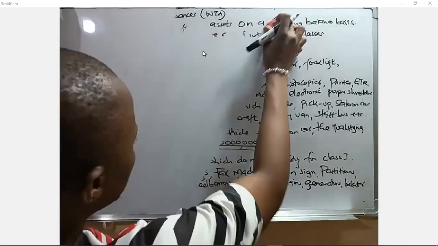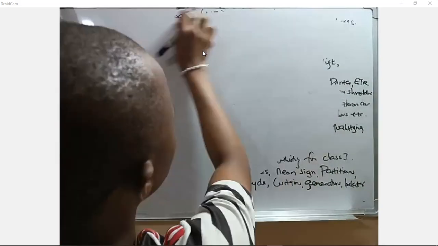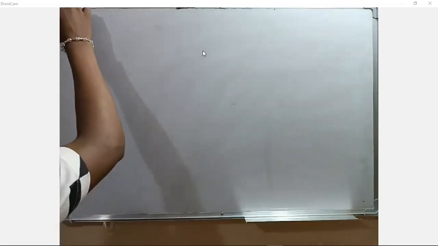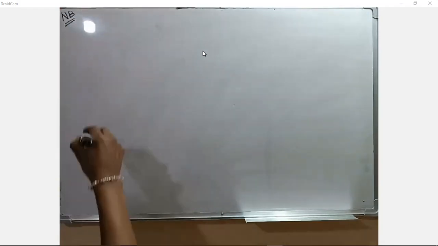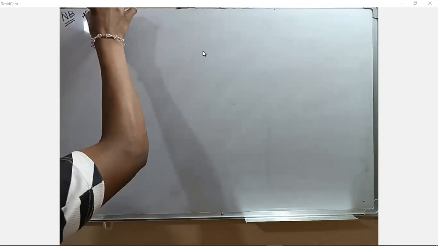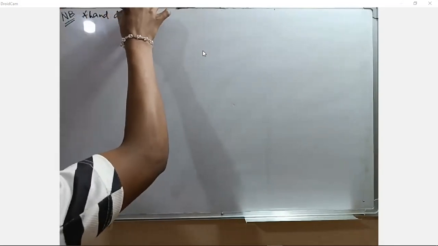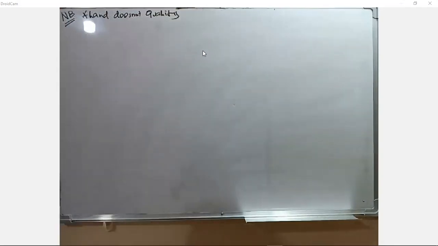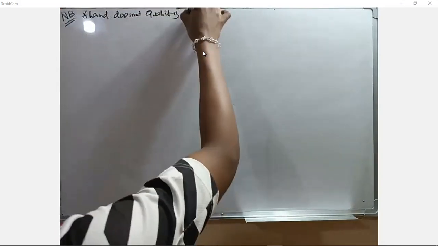Points to note here, which are very simple, and in which even you can see in our previous semester, the examiner tried to mislead the students. The NB for me here, which I'll give you: land does not qualify for any capital allowance.